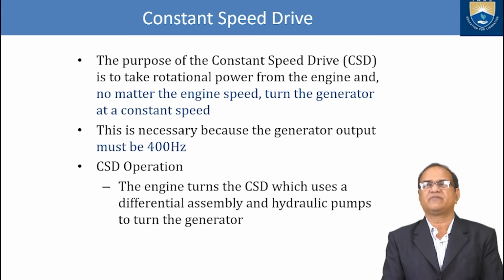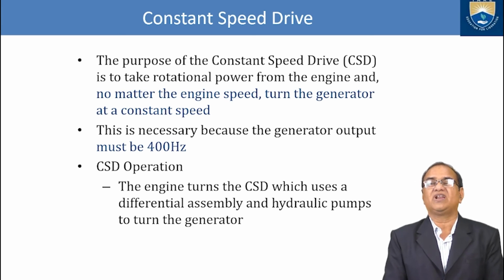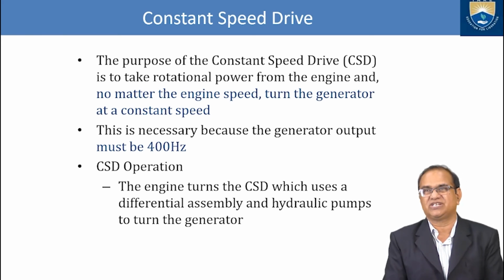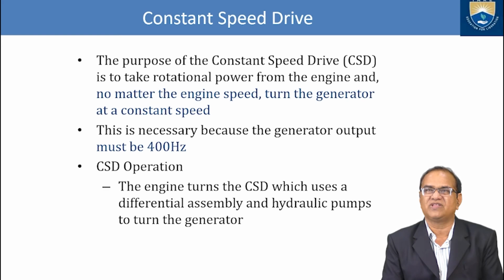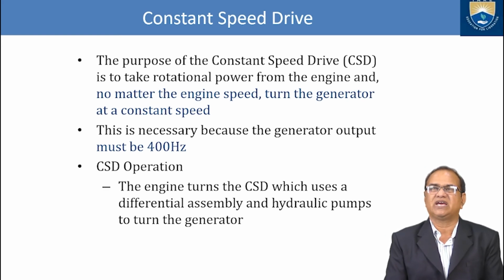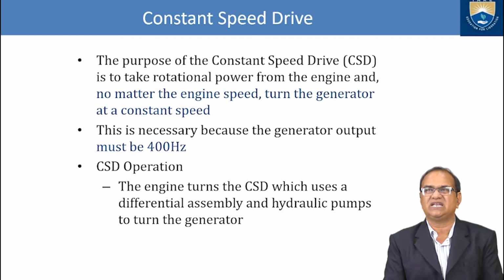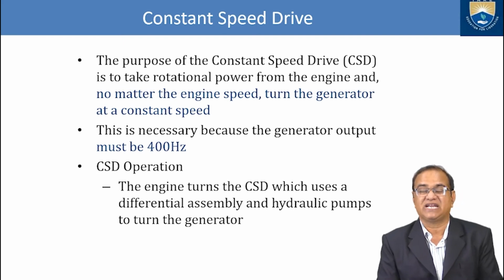Your engine will not be able to give a constant speed. But how do we get the constant speed? The purpose of the constant speed drive, that is the CSD, is to take rotational power from the engine and, no matter the engine speed, turn the generator at a constant speed.